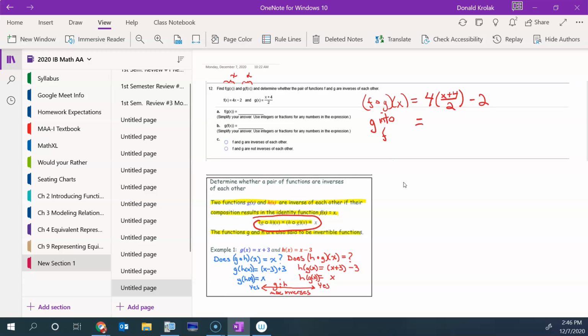Now we simplify it. So I get 2x plus 8 minus 2. So that's 2x plus 6. Right now I know that these are not inverses because that's not just plain x.